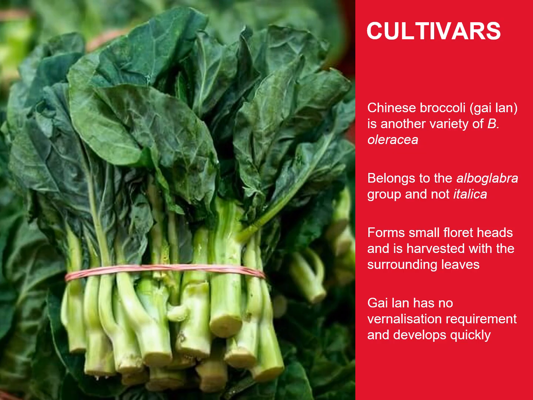It's part of the Alboglabra group, which is completely separate. It forms small floret heads. You can't really see it too well in this slide, but within that cluster of leaves will be a cluster of florets inside there, which is similar to the sprouting broccoli type of floret. And these leaves are harvested with that floret and can also be consumed. Gailan has no vernalization requirement, so it's much faster growing and is generally cultivated as an annual.